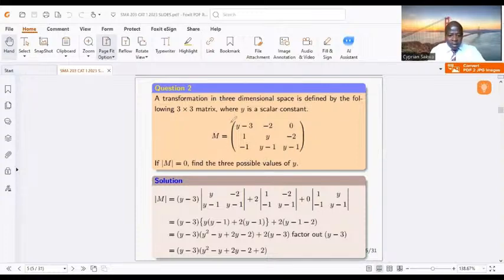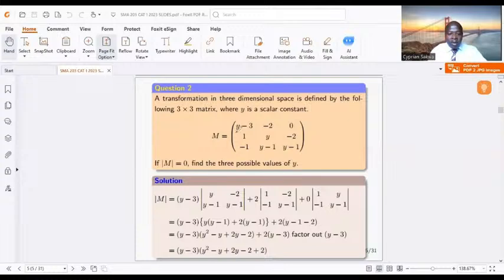So what that means is that we just get the determinant of M of this matrix, and then equate to 0. And then when you equate that to 0, you find the value of y. And again, we learned several ways of getting the determinant of a matrix.